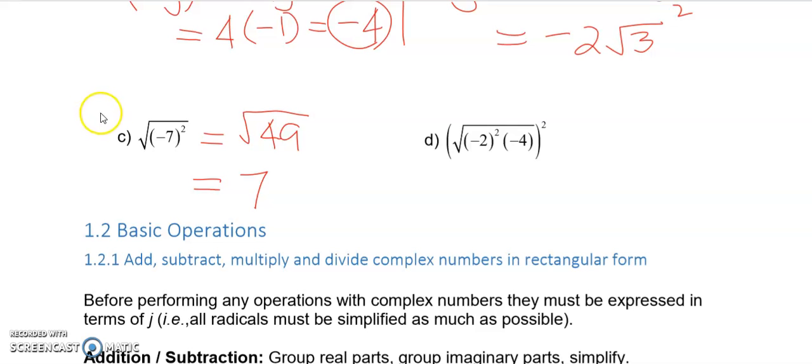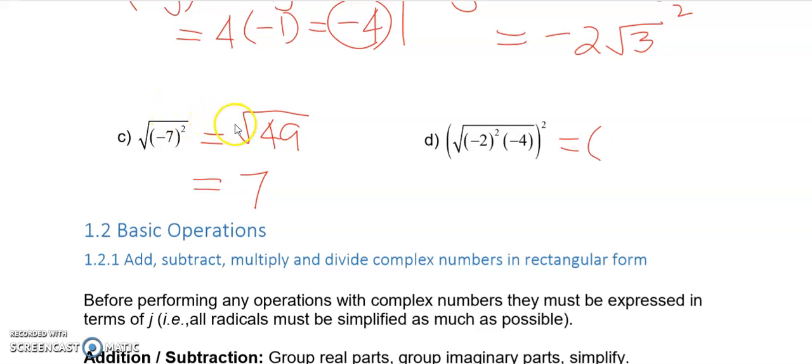And example D, now there's an easy way to do this one and there's a longer way to do this one. The easier way would be to note that you have a square root and a squared function. The square root is being taken first. The result would become squared. So the square root and the square in this case cancels out.